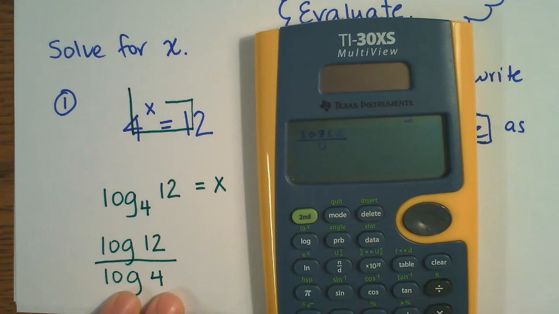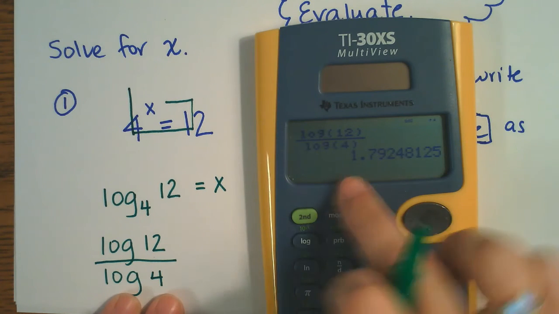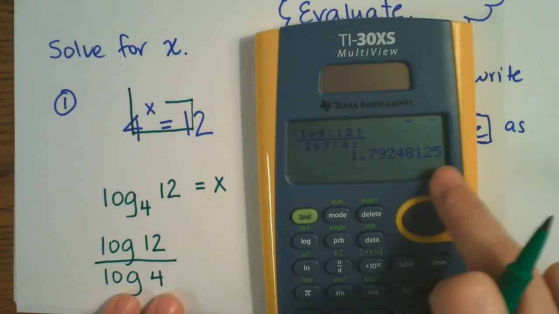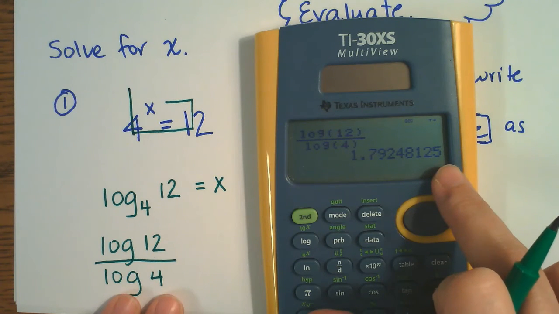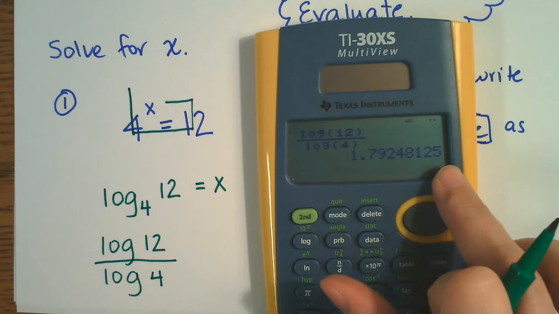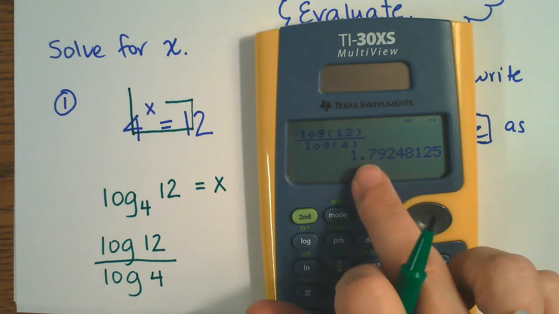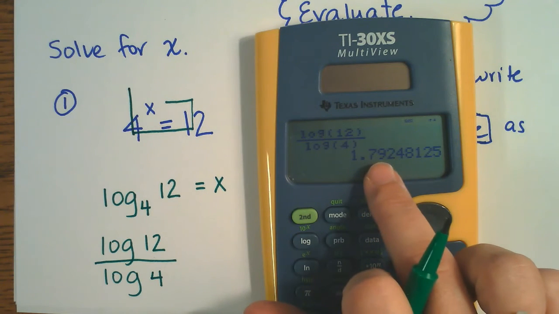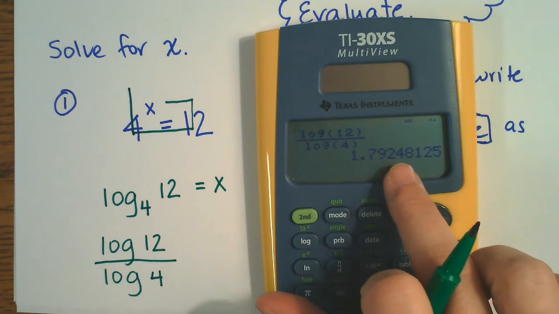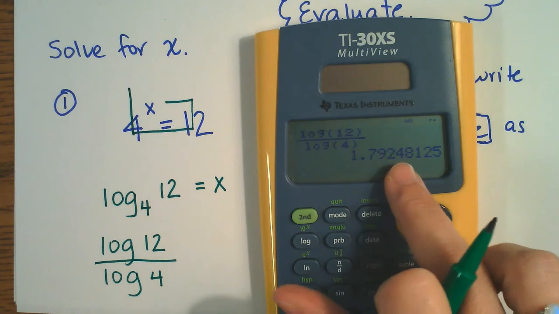So log 12 over log 4. Okay, so you see there are a lot of decimals here. What I'm going to request in Delta Math is that you give me 1, 2, 3, 4 decimal places.